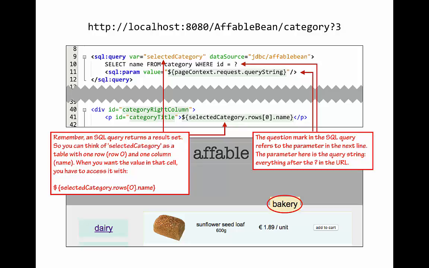We use the index 0 to access the first and only cell of that array. And what is left is a mapping from the field name name to the value, the actual name of the category. In the expression language, we access map values by using the dot notation followed by the key.